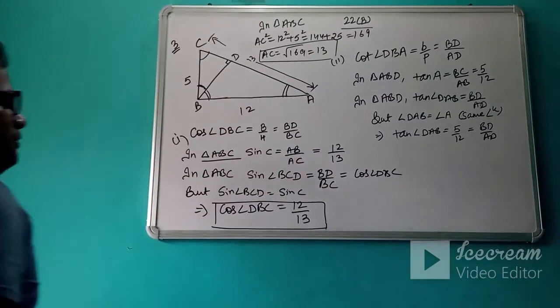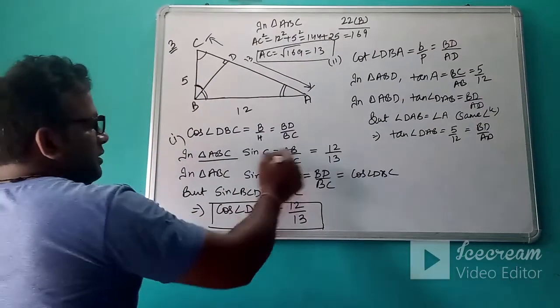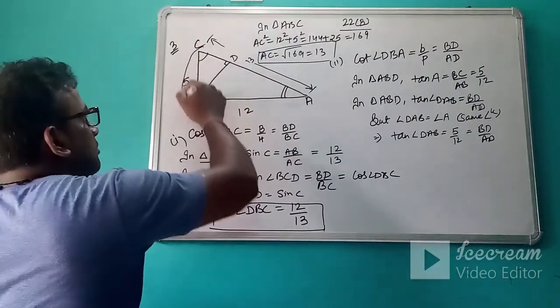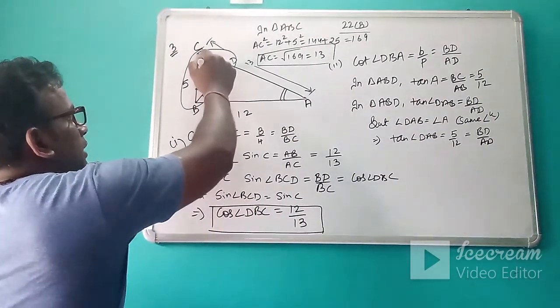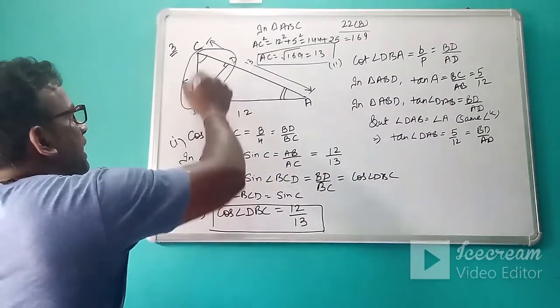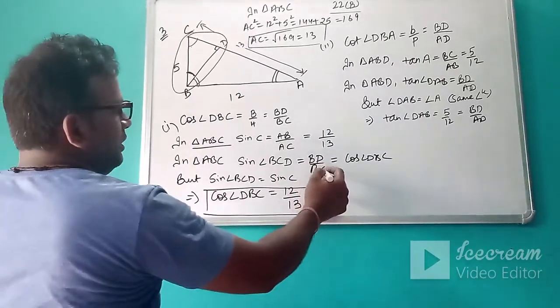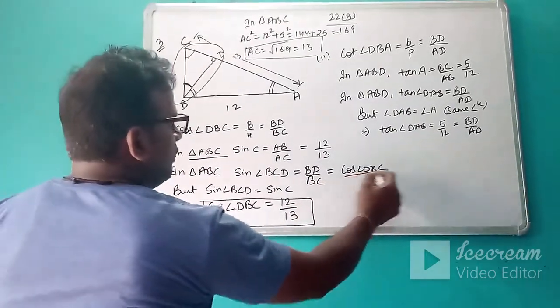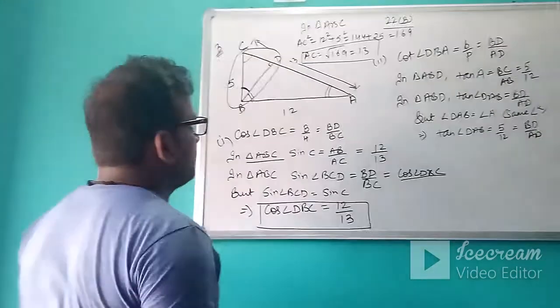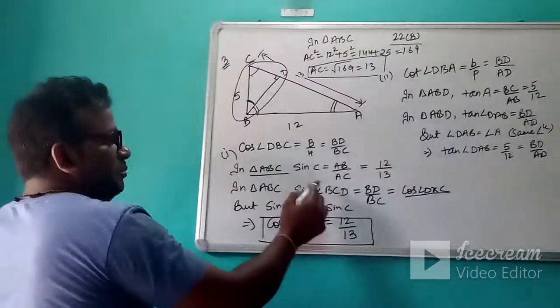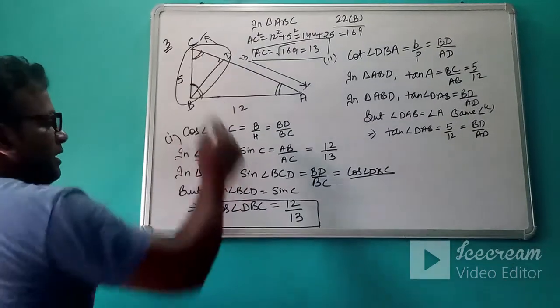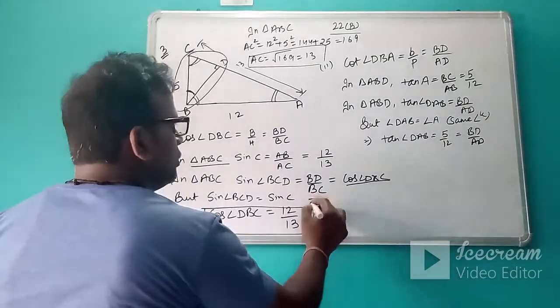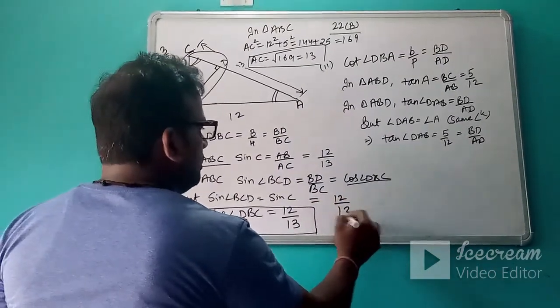Now if you see very carefully, the same angle in this small triangle, sine of this will be BD upon BC, and that was actually equal to our cos angle DBC. Since angle BCD and angle C are the same angle, their values should be equal to each other, that is 12 upon 13.